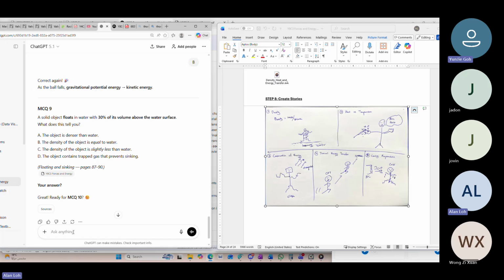I think it's 1. Yes, it's drawer number 1. What's the answer? A. A. Any objection? 1, 2, 3.